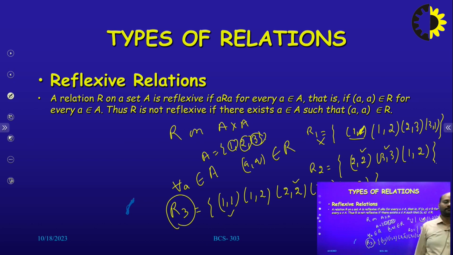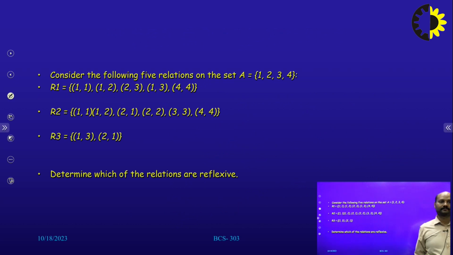It means that for every element, the relation with itself must be present in the relation. Now consider the following relations and determine which of them is a reflexive relation.